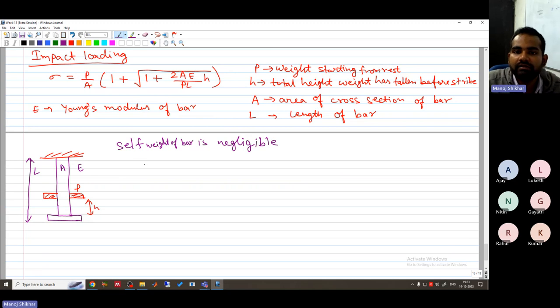And this is the sigma induced in the bar due to strike.